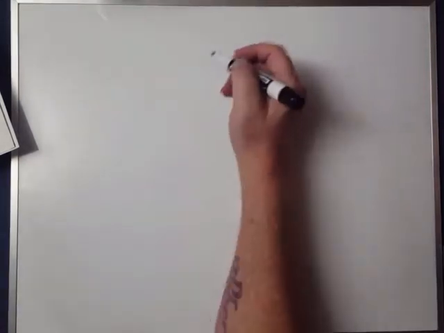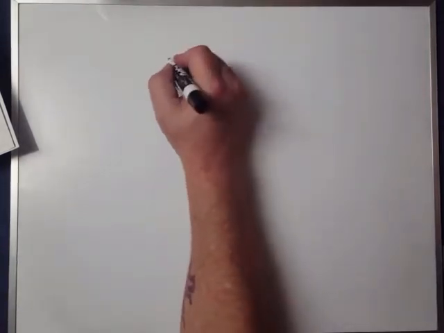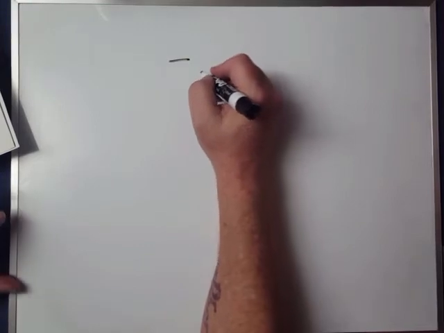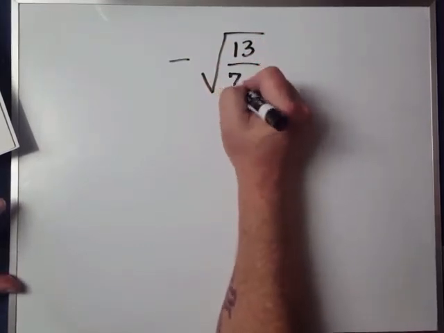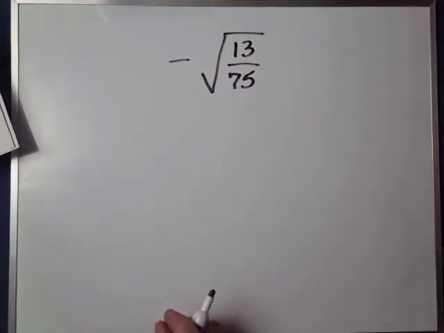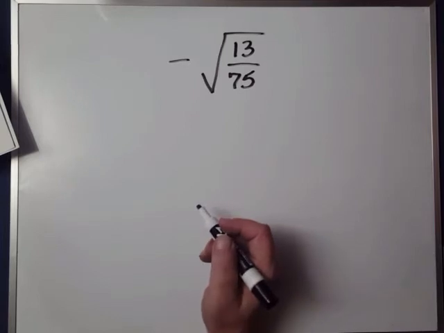Let's look at number 56. One of our rules of simplification says that we are not allowed to have a fraction under the square root.